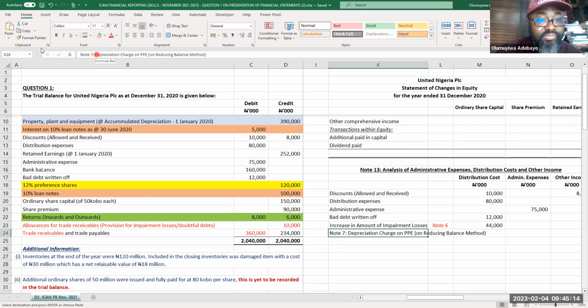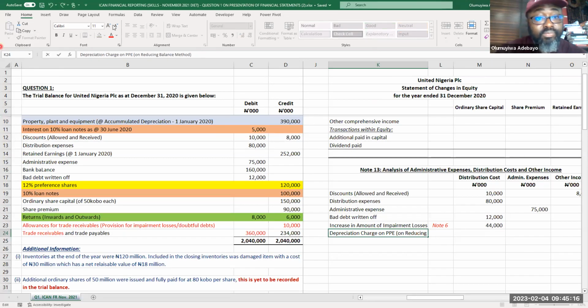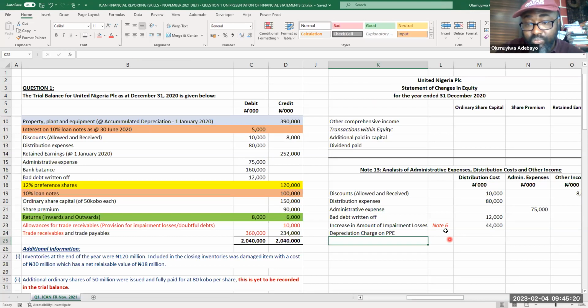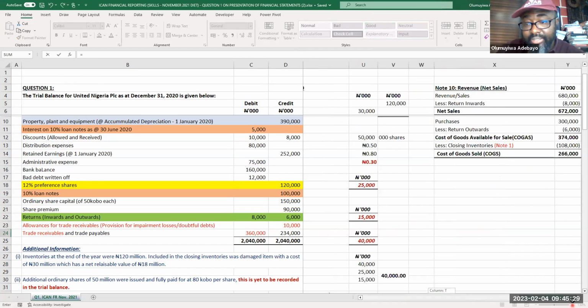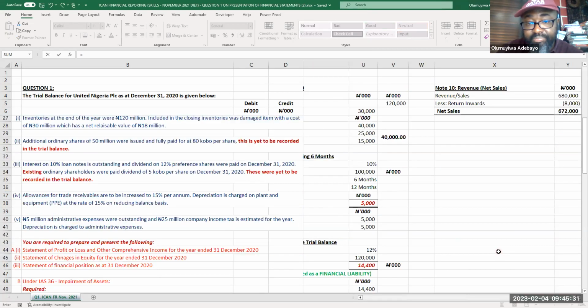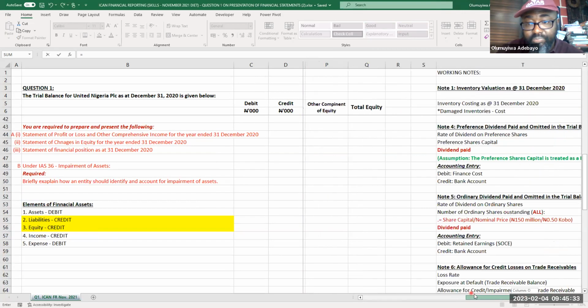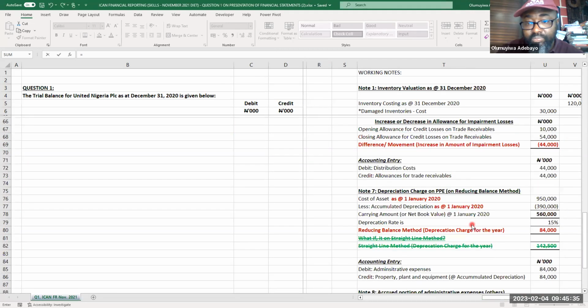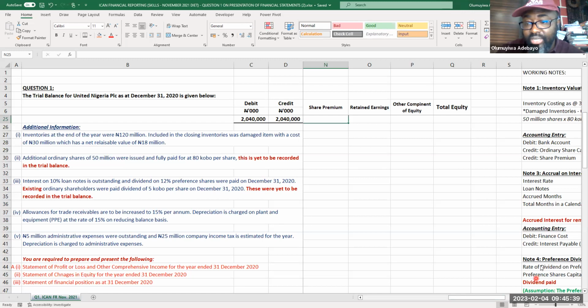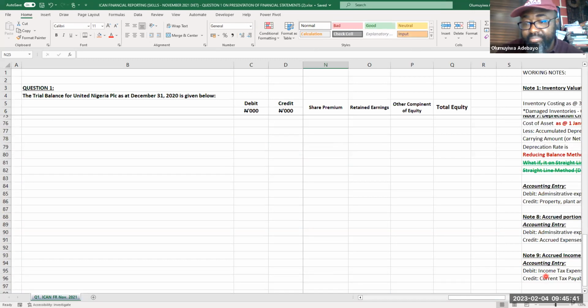That's note 7. We'll put that under admin. That's 84. And we also have other expenses.